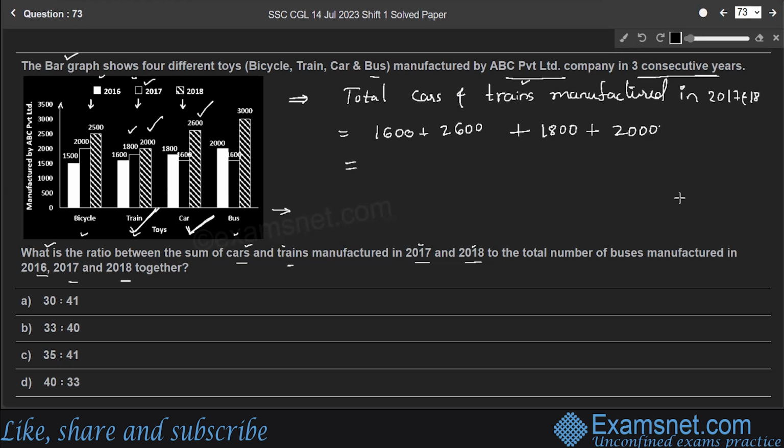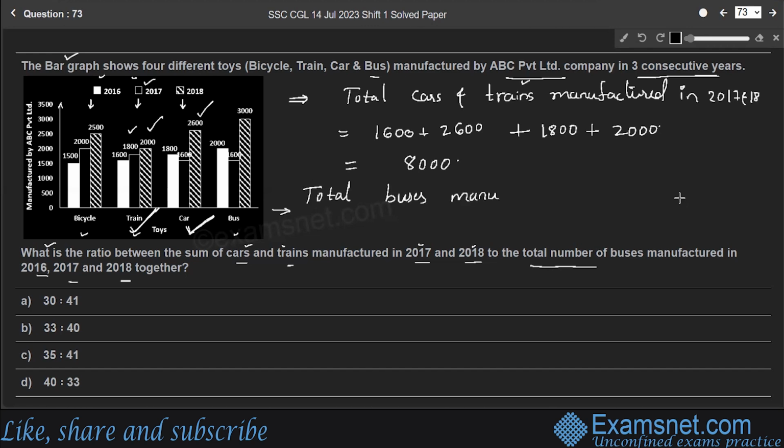So total cars and trains manufactured in these 2 years is equal to 1600 plus 2600, which is 4200. Plus 1800 is 6000. Plus 2000 is 8000. Totally it is 8000.